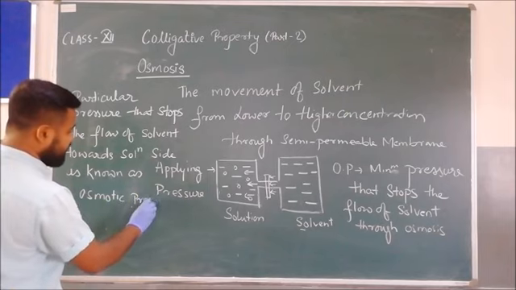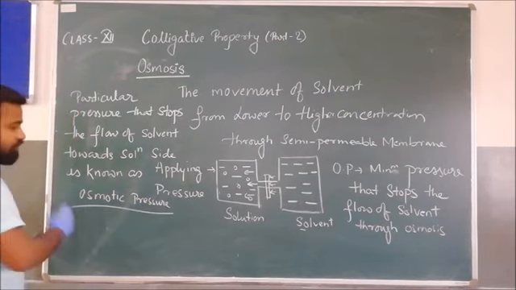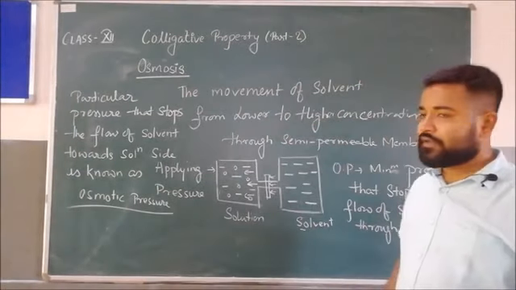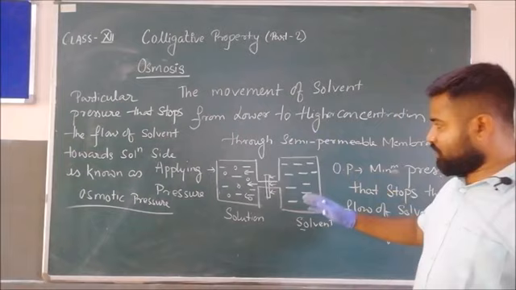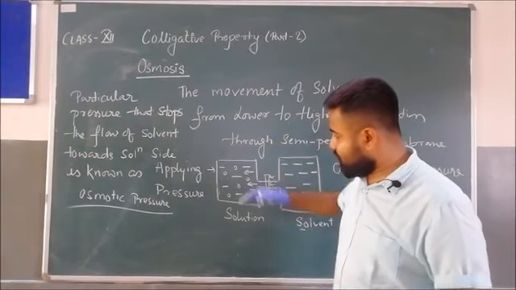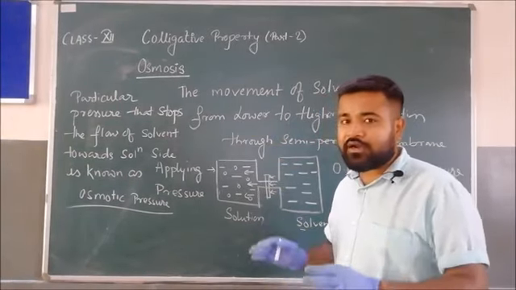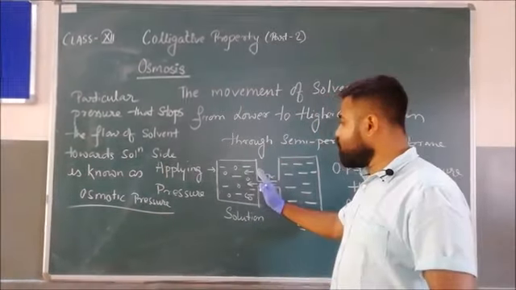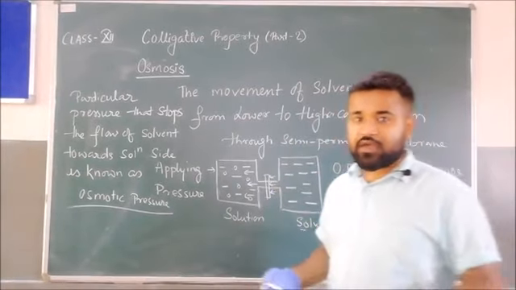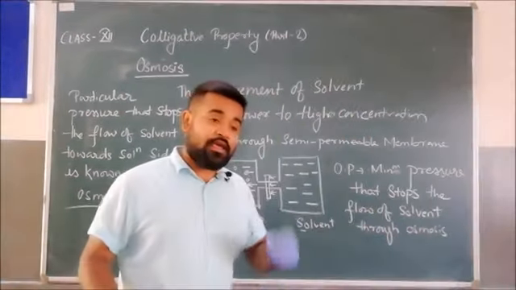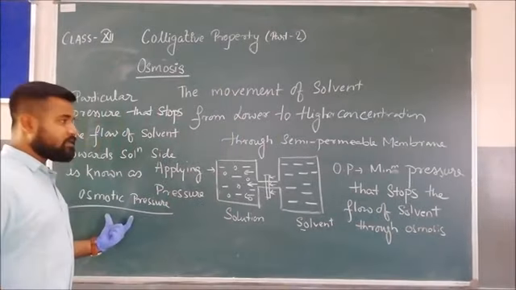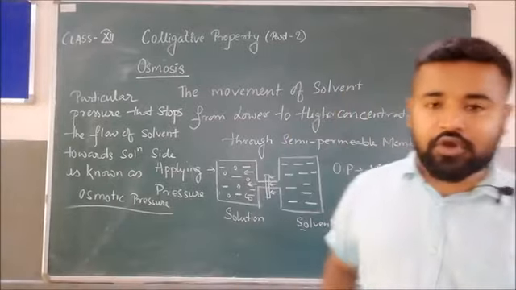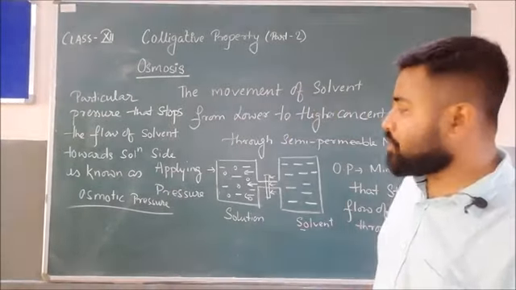This is the definition of osmotic pressure. When we apply pressure, slowly the flow of solvent decreases, but a particular pressure will come at which there is no more flow of the solvent. That particular pressure is known as osmotic pressure. Clear to all? Okay, so this is about osmosis and osmotic pressure.